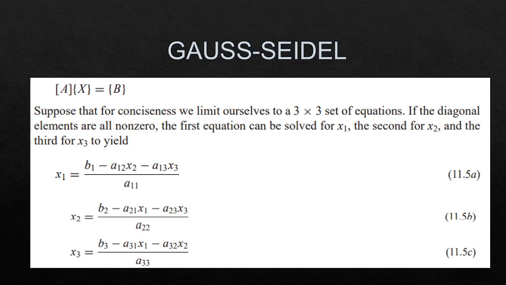Instead of translating it into a matrix, all of those three equations will be derived in such a way that the left hand side will be just x1 for the first root, the second equation for the second root, and the third equation for the third root.